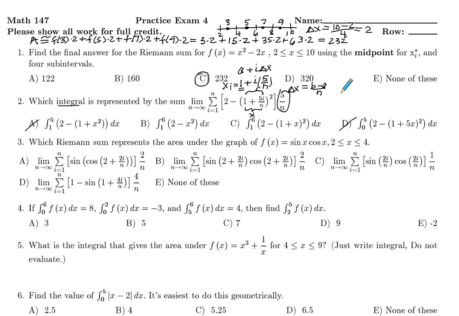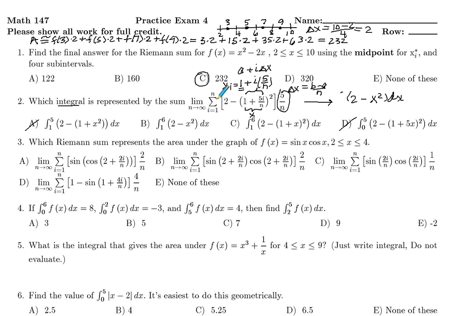So this is going to correspond to 2 minus, and just the x gets squared, right? Here's our x sub i, it gets squared. So 2 minus x squared is this part in here. And then this is the delta x, which turns into dx.